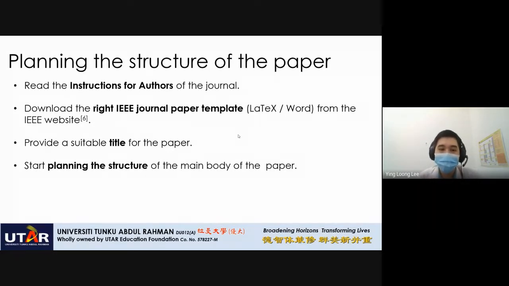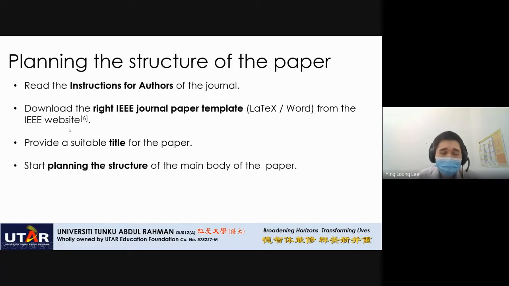And it's nicer. We can make the paper more organized with LaTeX. And the organization of figures is also nicer, in my opinion. But this is up to the preference of different people.